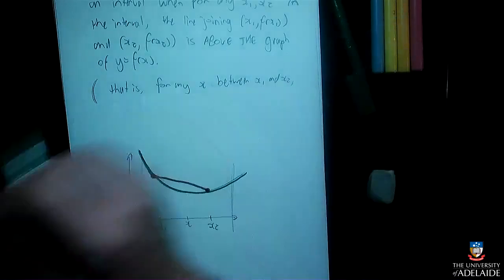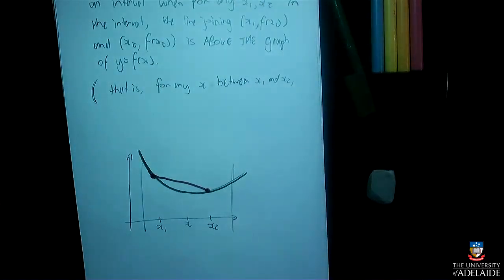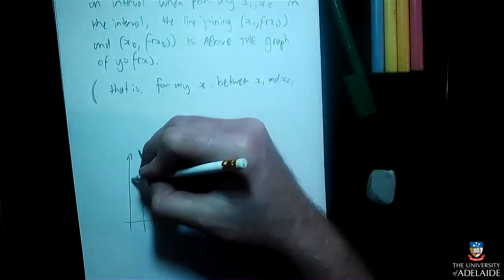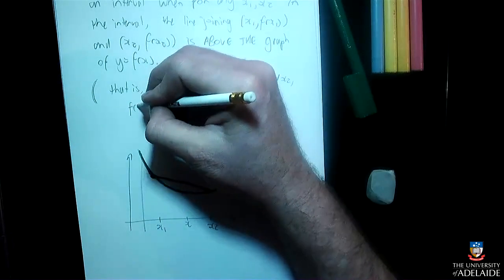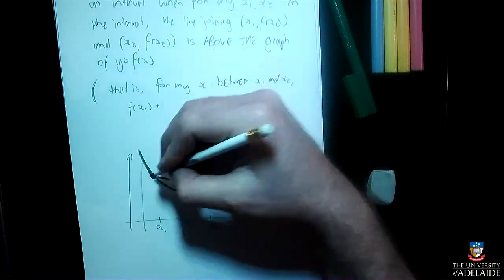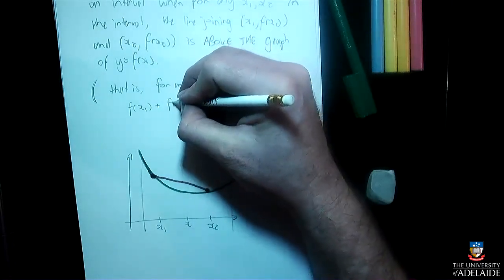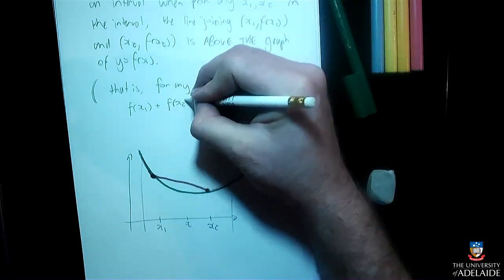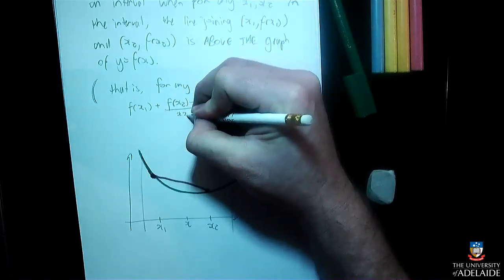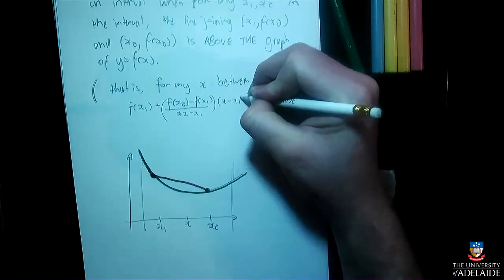Those colours are very similar, I'm sorry. So the function value would start at whatever f of x1 was, and what it would do is add on the slope times the distance that I travelled. So the slope would be f of x2 minus f of x1 divided by x2 minus x1, and the distance that I travelled is x minus x1.